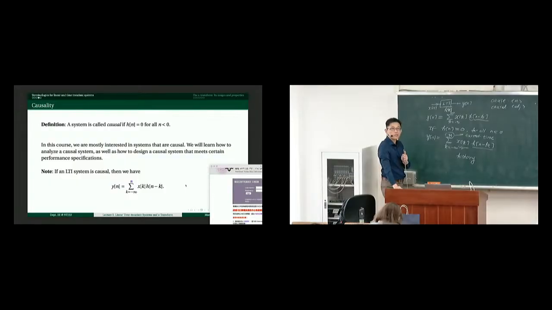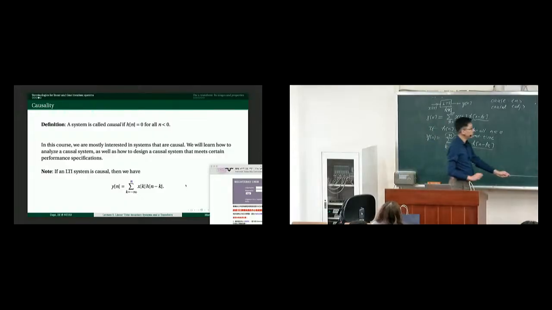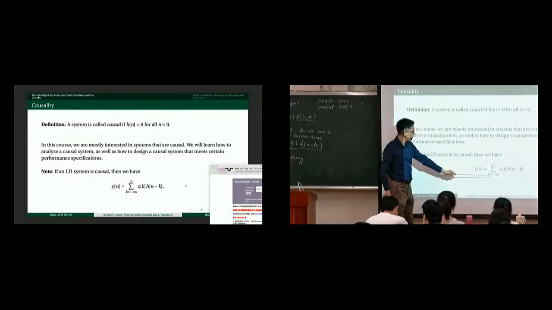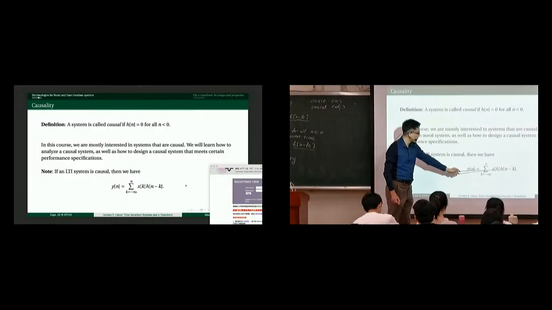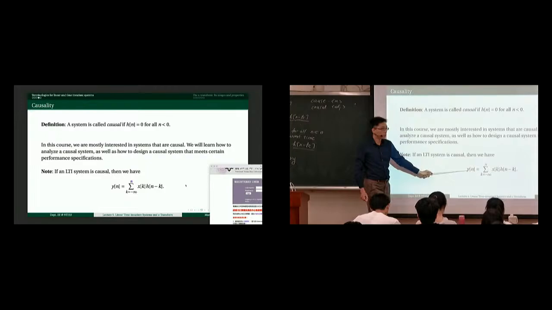The way we read this expression is as a summation of the past and its influence. Every sample in the past, including the current sample, has its influence on the output, but nothing in the future needs to be considered. That's the beauty right here.